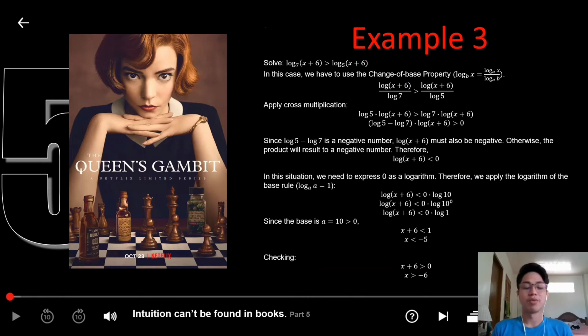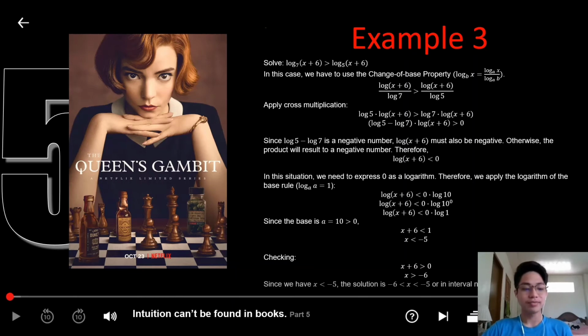As we all know, any number that has a 0 for an exponent is automatically given the value of 1. Therefore, log of (x + 6) is less than log of 1. Since the base 10 is greater than 1, we get x + 6 is less than 1. Evaluate, and we get x is less than -5.